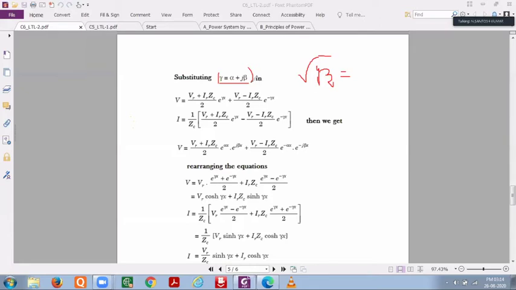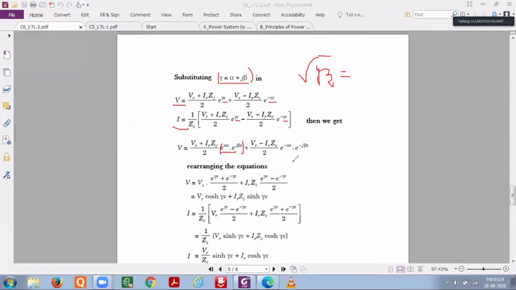So how are we getting those equations? To have a clear understanding, I am showing this one. Gamma is replaced with alpha plus j beta. These two, V and I, are my main equations, and I have to replace gamma with alpha plus j beta. If you use your math knowledge, e power (alpha plus j beta) x can be written as e power alpha x into e power j beta x.